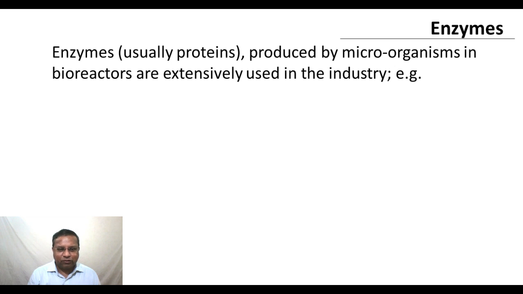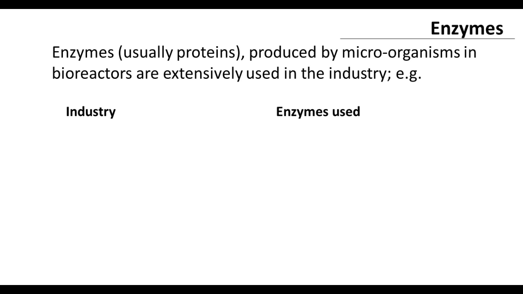These are produced by microorganisms and are extensively used in the industry. I have given a few examples here, and this use has been for a few decades now. The listing is as enzyme industry and the enzymes used. They are heavily used in the detergent industry, especially enzymes such as proteases and amylases, to improve the cleaning ability of the detergents.